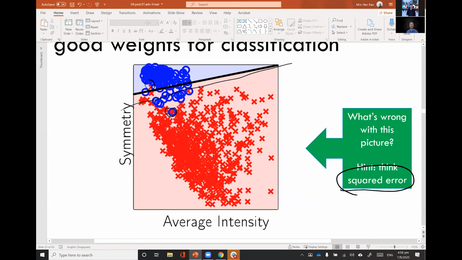But when we're doing classification, because it's binary, we don't care whether you got it off by a little bit or off by a lot. It's just off, so it's wrong. We want to minimize the number of cases which we get wrong. So squared error has no business dealing with classification. This is why when we do classification, we need to use the right way to use the signal.